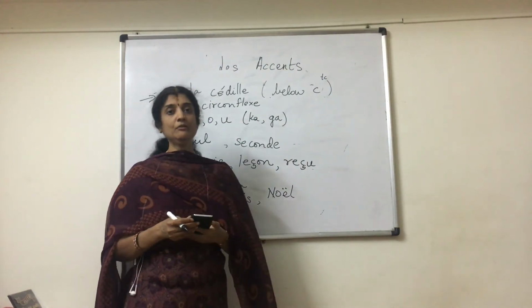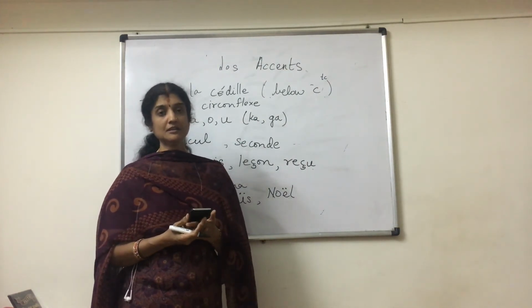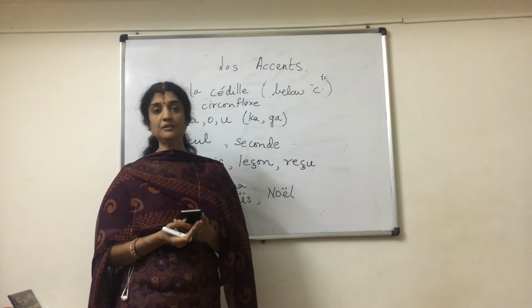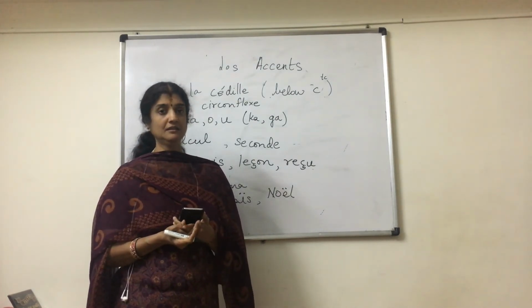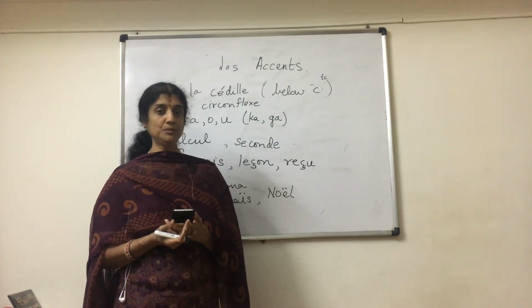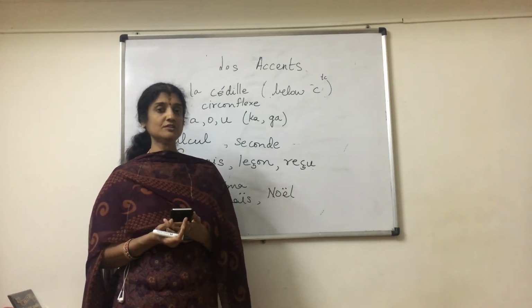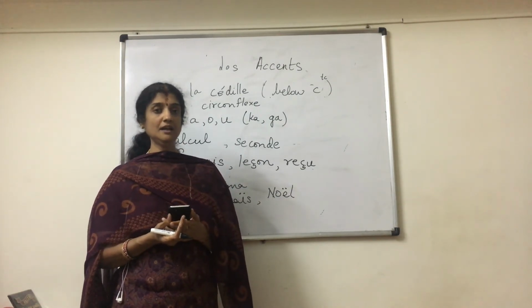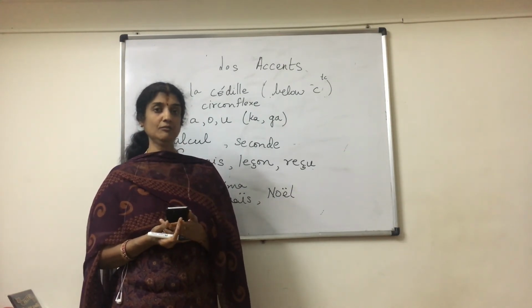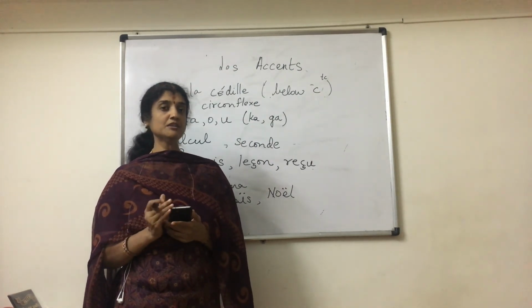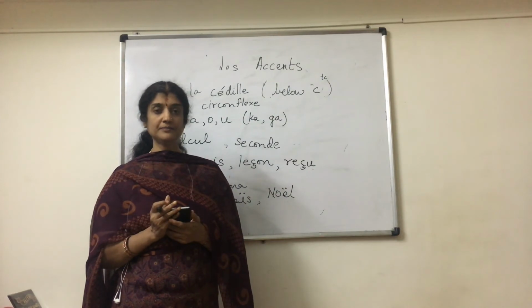So a quick recap on the accent aigu, which is written only on E, where the pronunciation changes to A. Accent grave, which is written on A, U, where the pronunciation changes to A. And if it is written on A and U, it is indicative of a homophone or a homonym, to distinguish between two similar words.